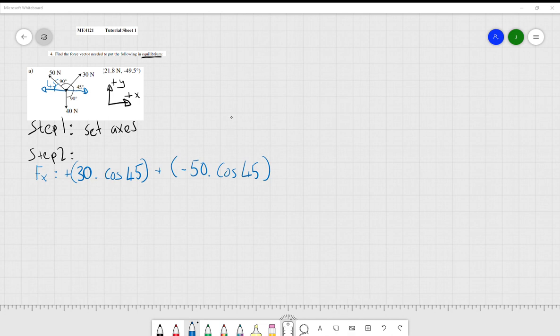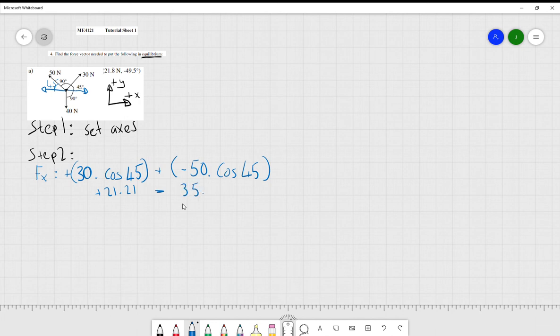Just to show you here, cos 45, and that is times 30. So that is positive 21.21 newtons, minus 35.35.